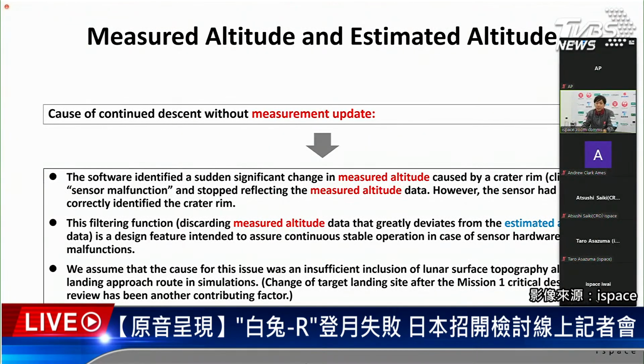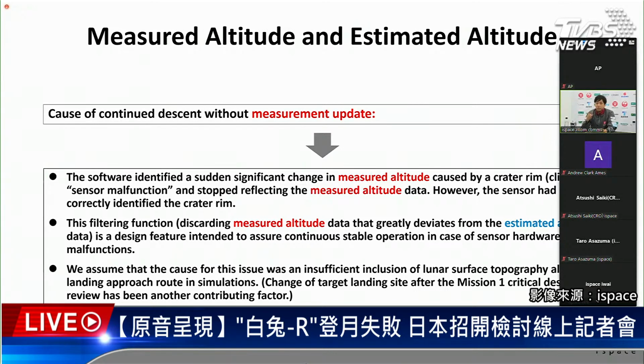Yes, as I already explained, the cause of the continuous descent without measurement update was the crater rim, and our software design was not capable of correctly reflecting that data and correcting the estimated altitude.